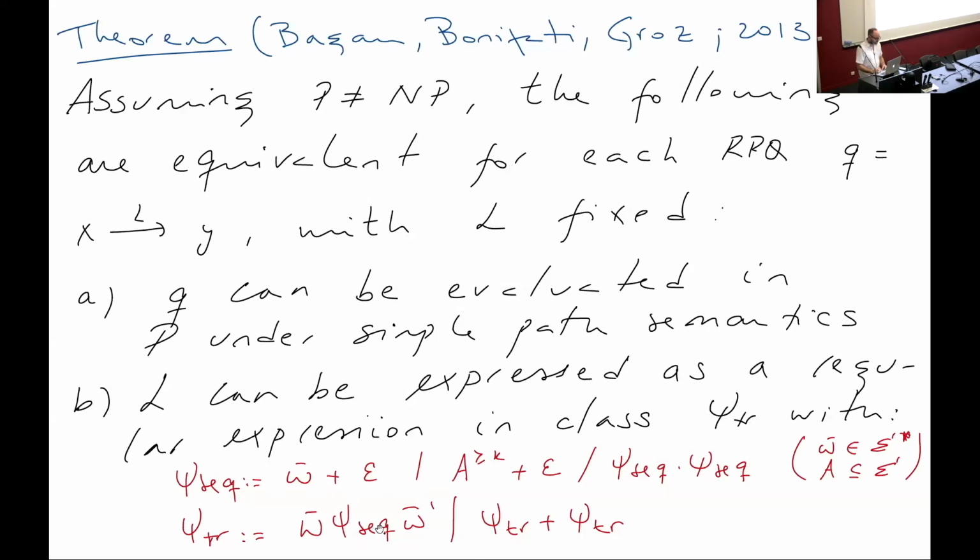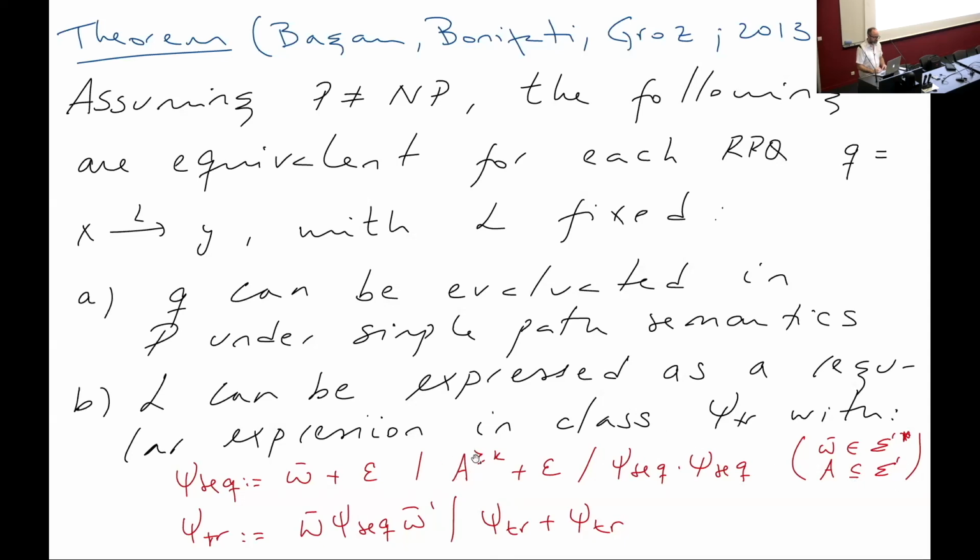Well, these are the regular expressions that are built as the concatenation of a word, a sequential regular expression that is defined here, and another word, or is the union of these things. And what is a sequential regular expression? It is either a word or epsilon, or A star, where A is a subset of sigma.